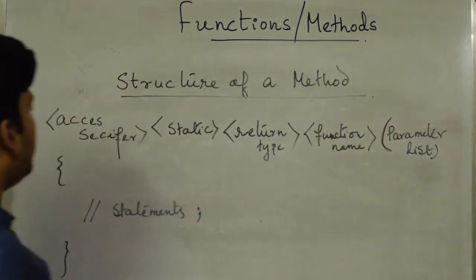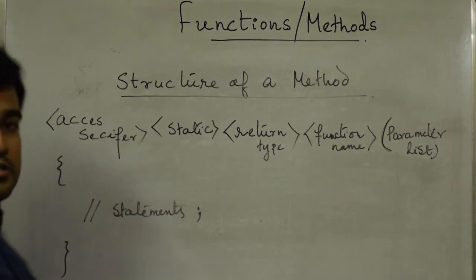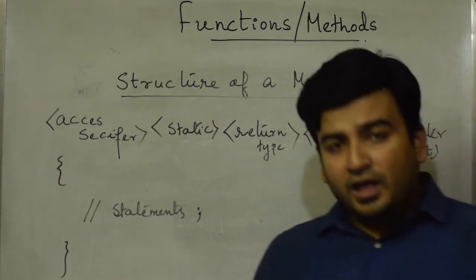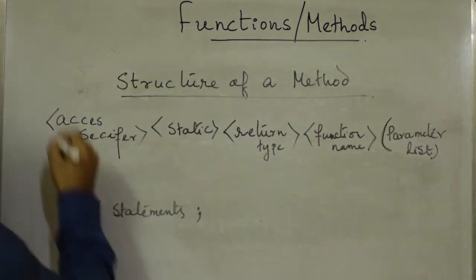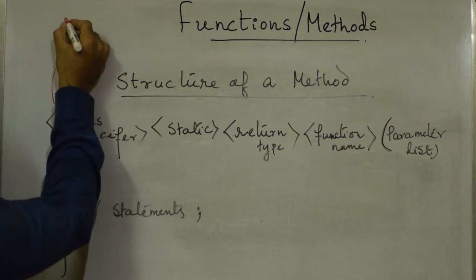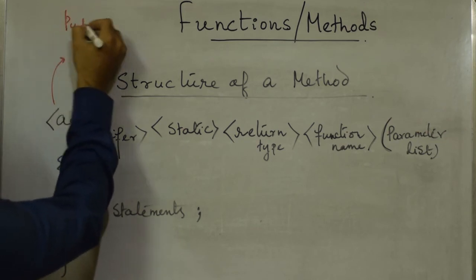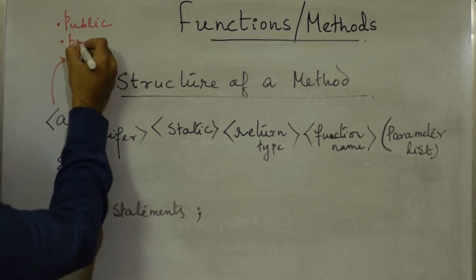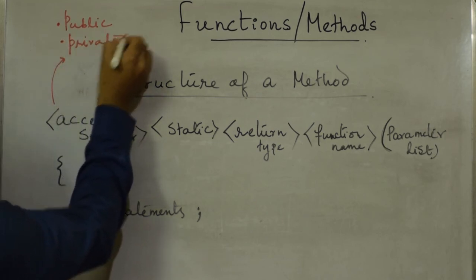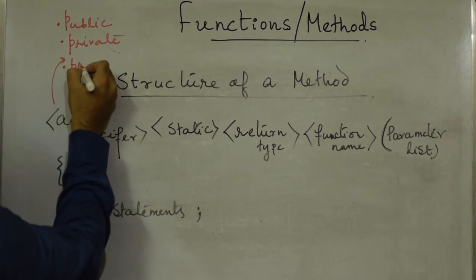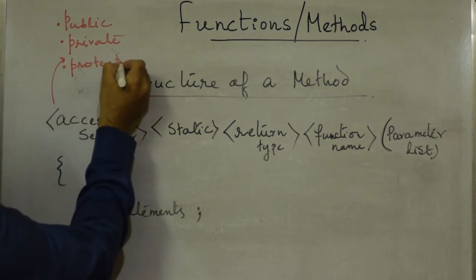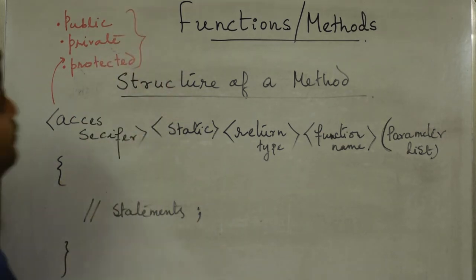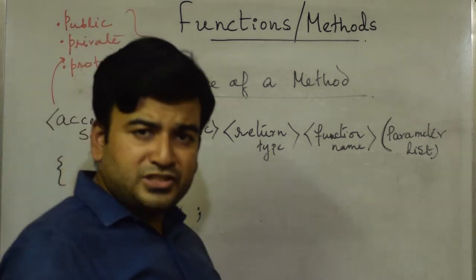In the structure of a method, first we write the access specifier. Now, what are the access specifiers? It may be public, it may be private, or it may be protected, right? So these three access specifiers we know in Java.